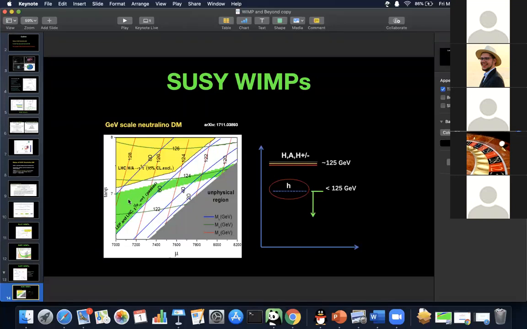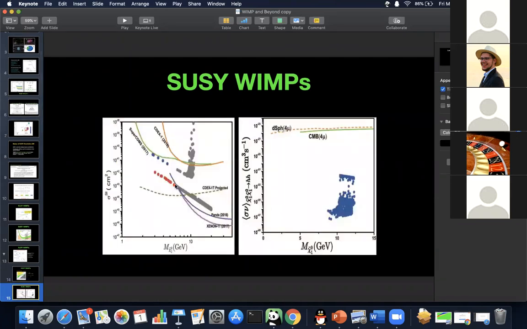But it is a very interesting range, because in this range we can have a very light Higgs boson, tens of GeV or even less, and also a very light neutralino dark matter. So these are our results for the light dark matter in the MSSM. We can see those ranges can escape most of the searches at that time.